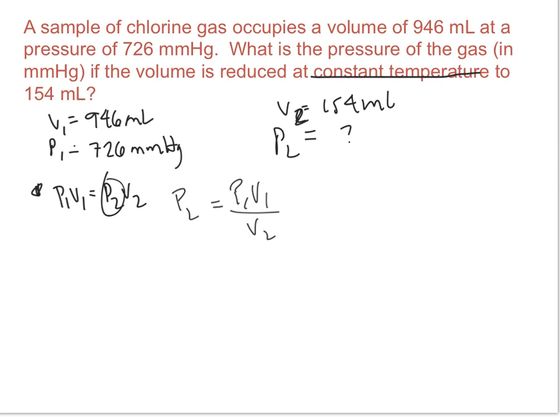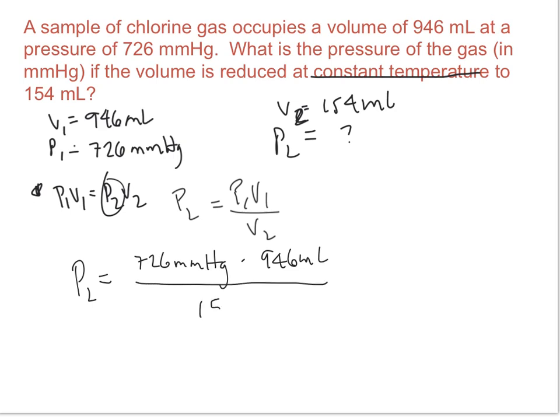Okay, so we're going to plug the numbers in. So P2 is equal to P1, which is 726 millimeters of mercury, times V1, which is 946 milliliters. That's all going to get divided by 154 milliliters, which is the V2.